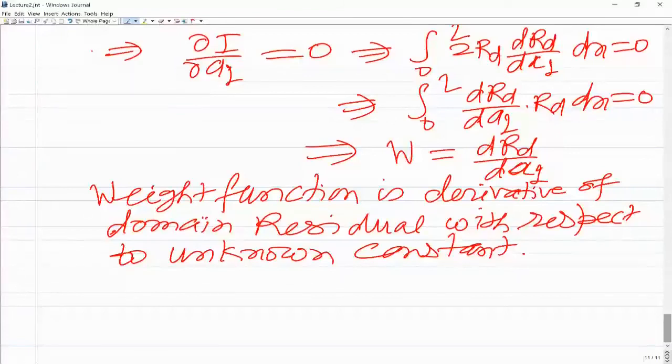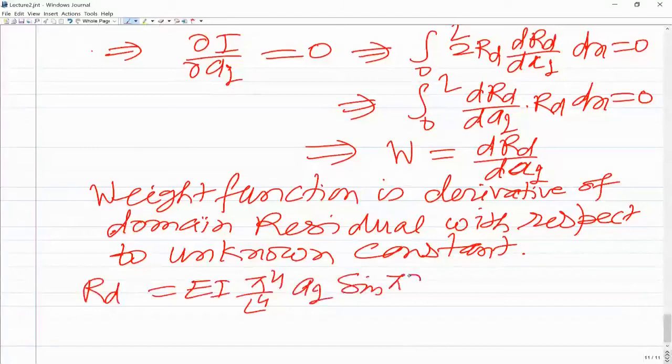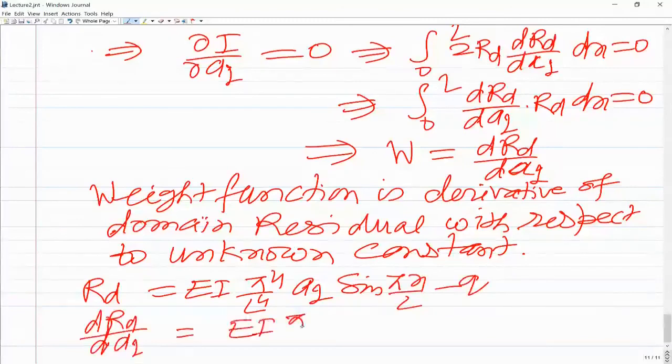Now we want to solve the problem. For the given problem, we have already said that Rd is EI pi to the power 4 upon L to the power 4 into A1 into sine pi x by L minus Q. If you look at dRd by dA1, you will get EI pi to the power 4 upon L to the power 4 into sine of pi x by L, since we are differentiating with respect to A1, and this is the term which has A1.